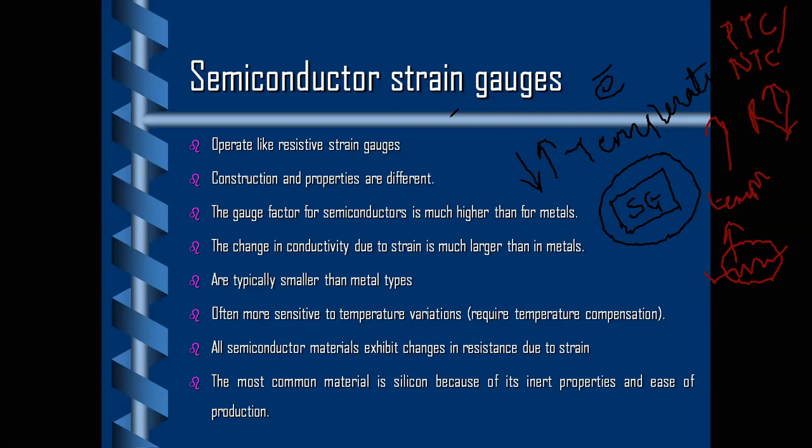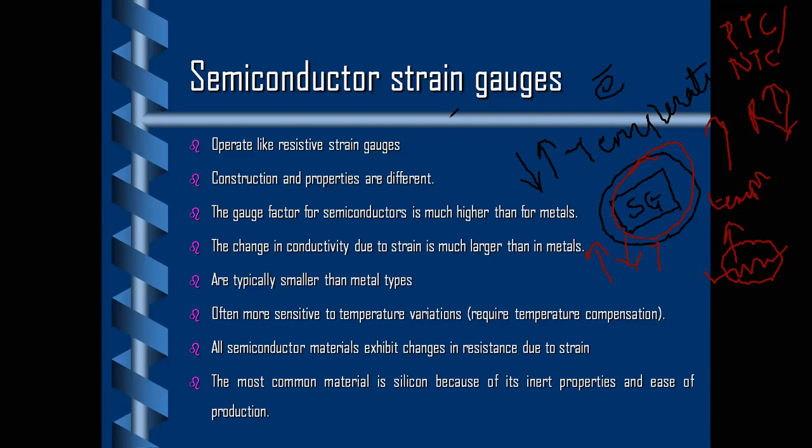Temperature compensation means you are resolving the problem arising from the variation in temperature. If the environmental or surrounding temperature across the strain gauge increases or decreases, your strain gauge should not vary its resistance. That is the compensation. You are trying to compensate the strain gauge for the environmental condition.